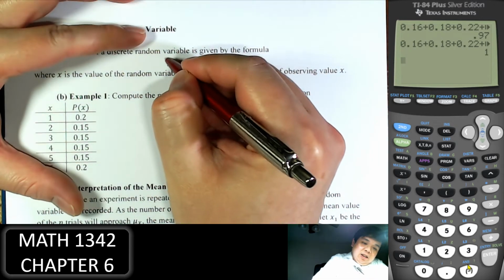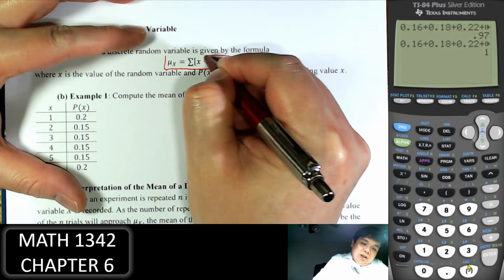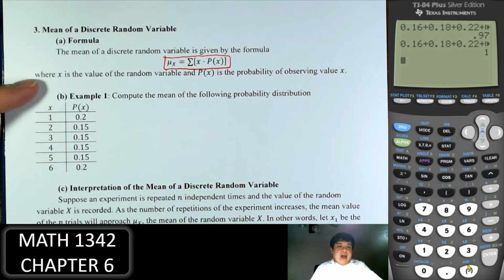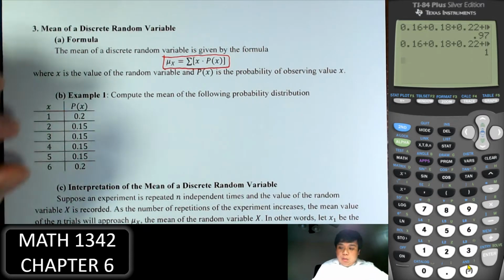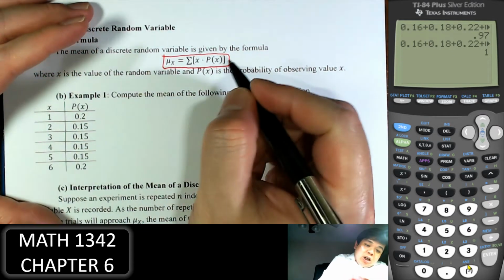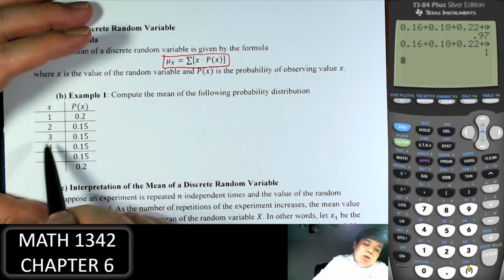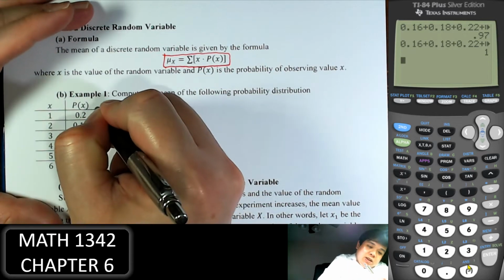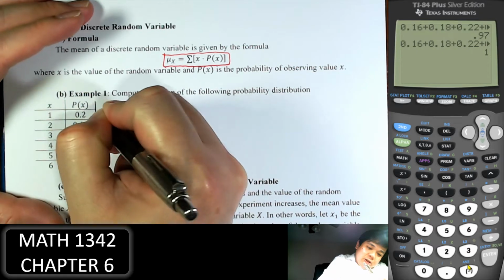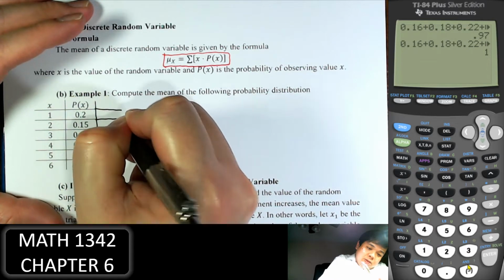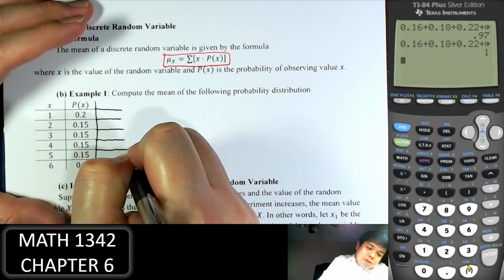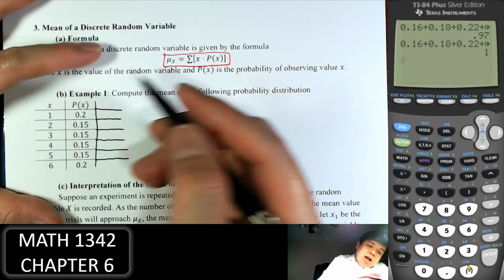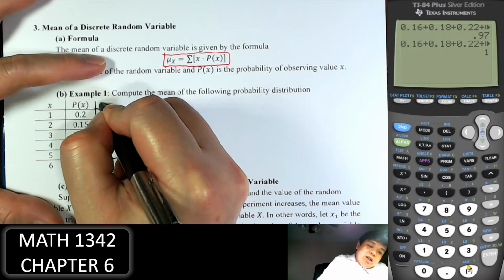So we have x, those are the values, and p of x are the corresponding probabilities. So what we do is we multiply across and then add all of them up. So we have the values times the probability. So I'll just say the product.